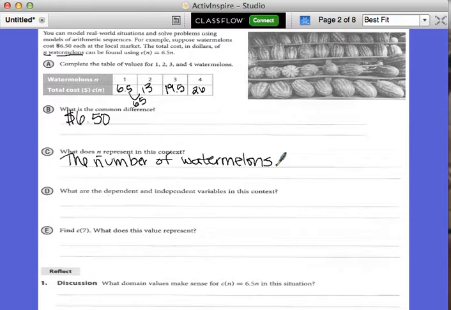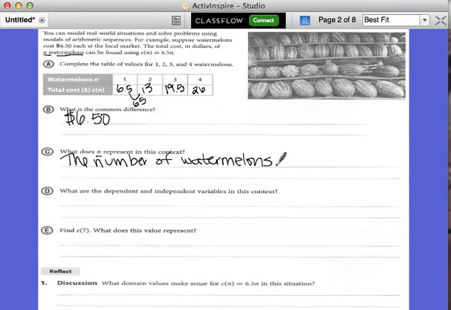What are the dependent and independent variables in this context? So in this case, does the number of watermelons purchased depend on the cost, or does the cost depend on the number of watermelons? So think about it logically. How much you pay depends on how much you buy.